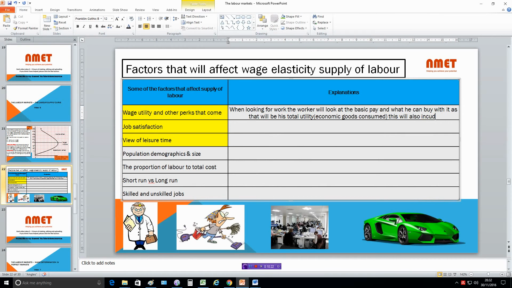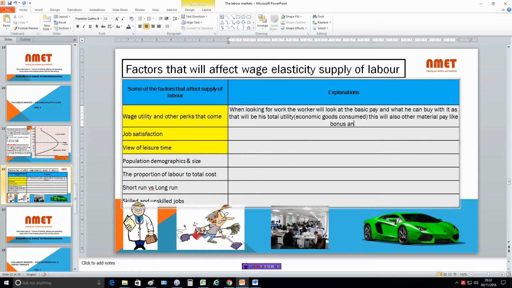When you're a chief executive officer going to a company, they don't only give you your annual pay, but they also set you targets and bonuses, and then you make a decision: do I want to join this company or not? So this will also include other material pay, like bonuses and perks, like holidays and cars, etc.